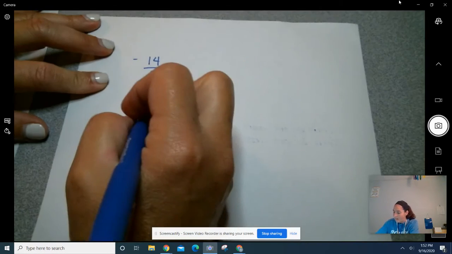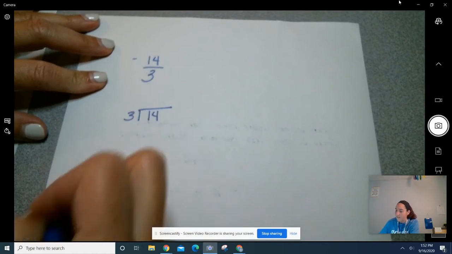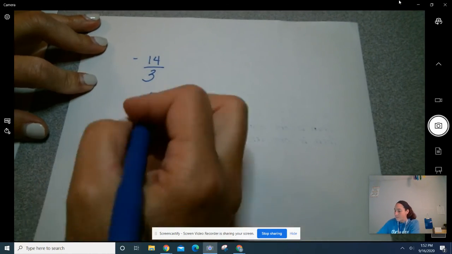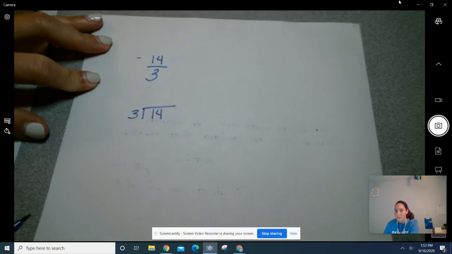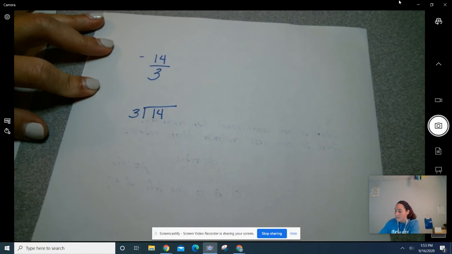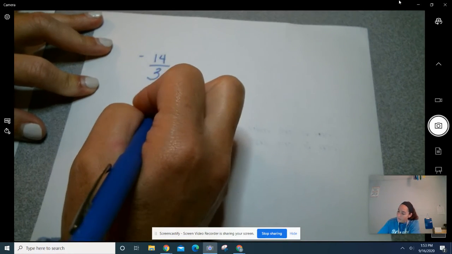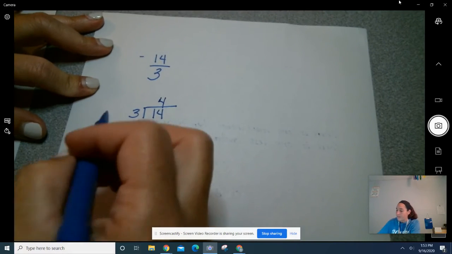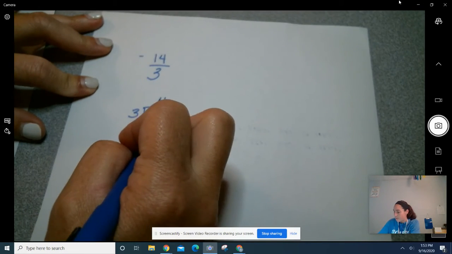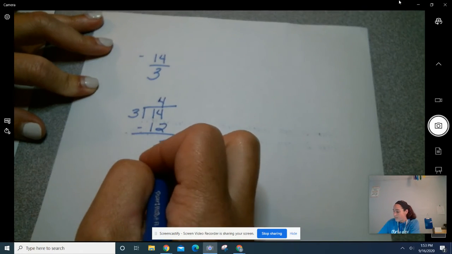But I have 14 divided by 3. So I'm going to take 3 into 14, and 3 goes into 14 4 times. 3 times 4 is 12. And then we subtract and we get 2.